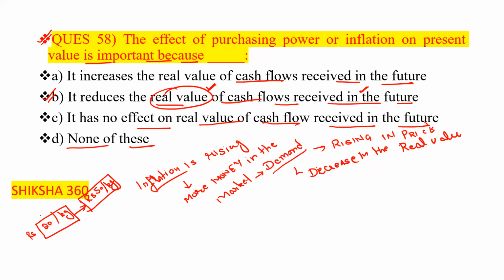Now this question is clear to all of you: the effect of purchasing power or inflation on present value. If they ask this type of question in the examination, it seems very straightforward, but they are asking very good things in the question. Now move to the next question.